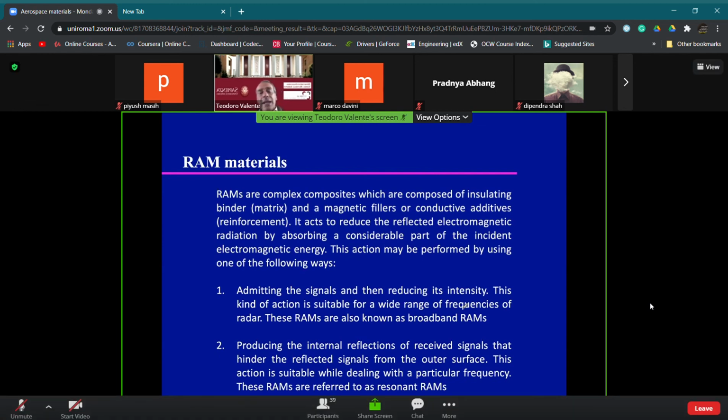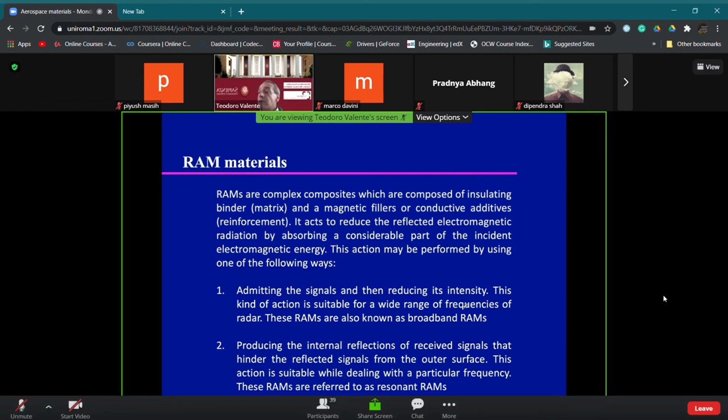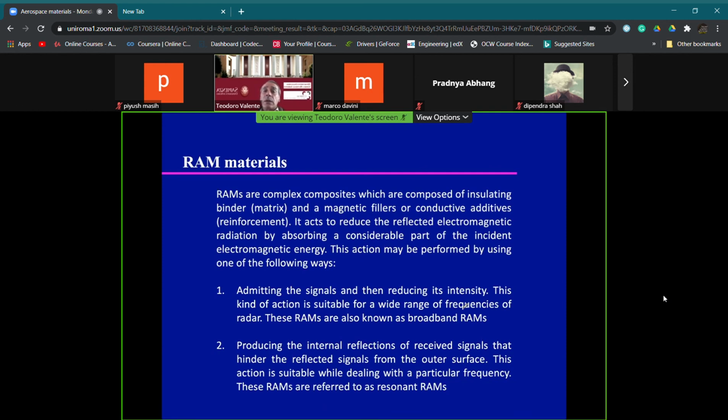They are mainly complex composite materials, which can be composed of a sort of insulating binder having the role of matrix, and, for example, magnetic fillers or conductive additives having dielectric properties, which act, and now we are talking about properties of materials, to reduce the reflected electromagnetic radiation by introducing an absorbing phenomenon.